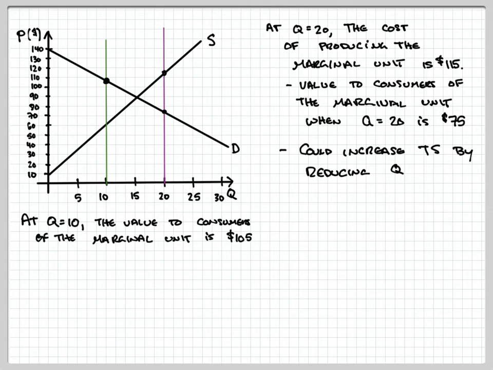The cost to producers is $60. So if producers were to produce a little bit more, then they'd be able to capture more buyers, and the gap between the value to consumers and the cost to producers will get smaller, and we'll be able to extract more surplus. So we can increase total surplus by increasing Q.